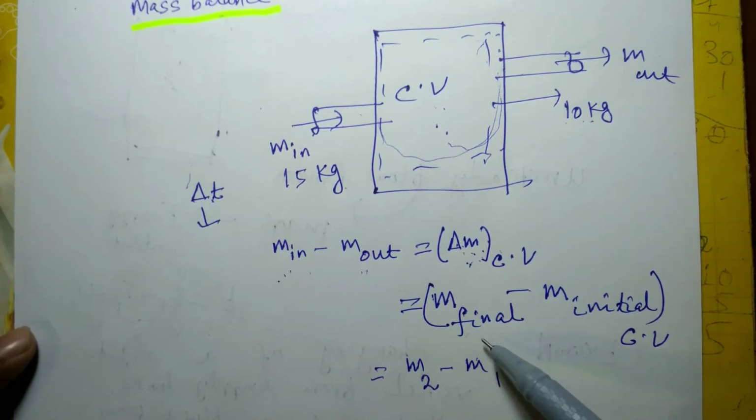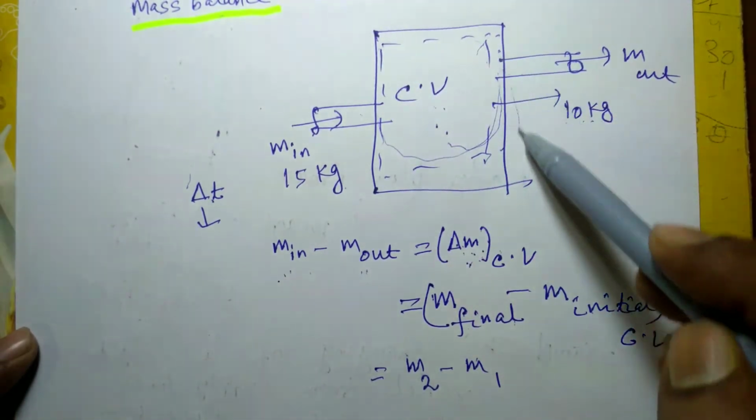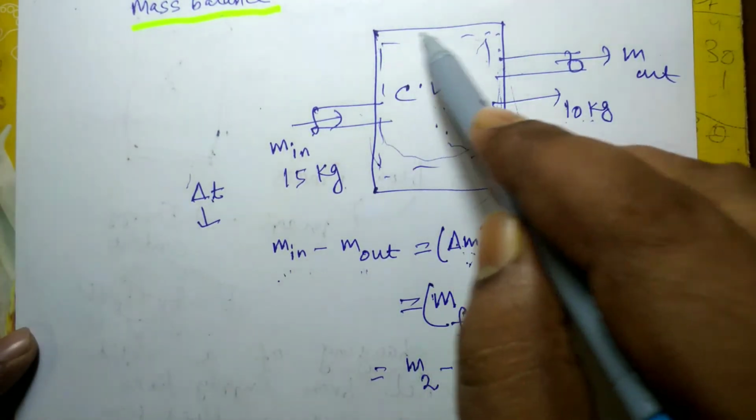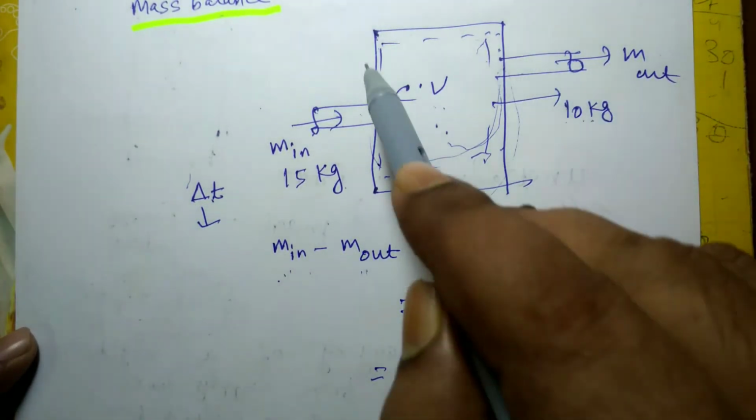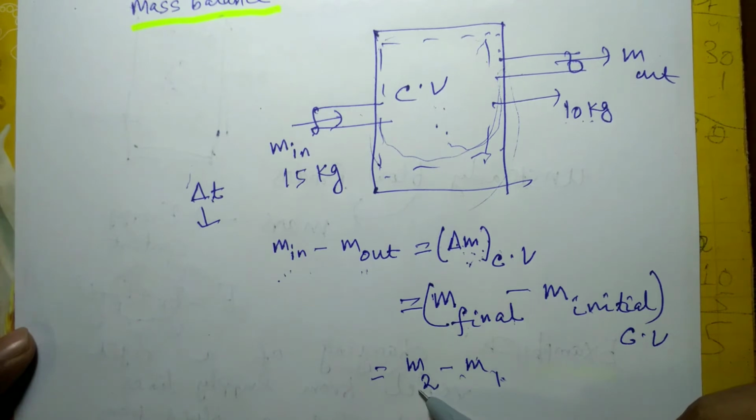Over that finite period of time, what is the change in mass of this control volume, this fixed region. So m2 minus m1, m2 will be the final mass, m1 will be the initial mass.